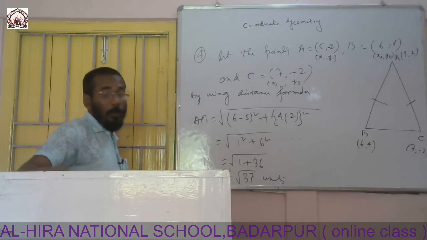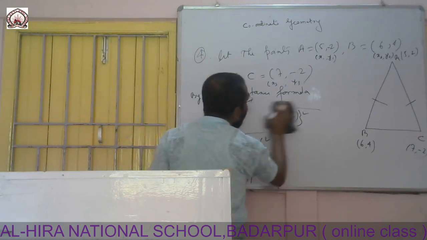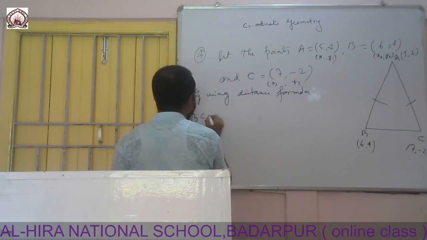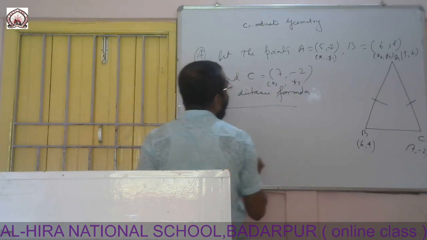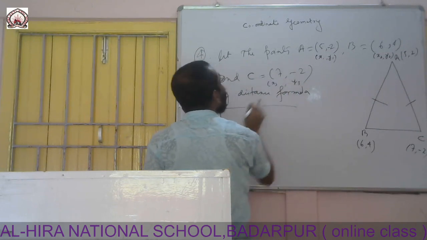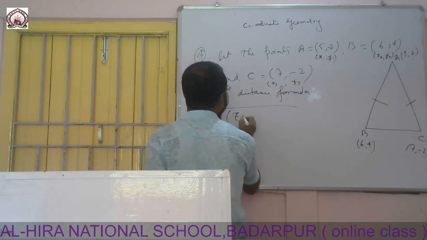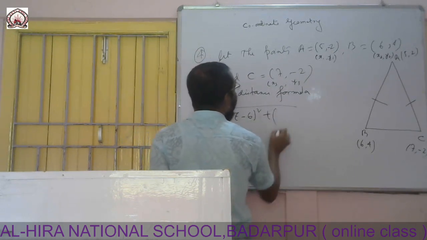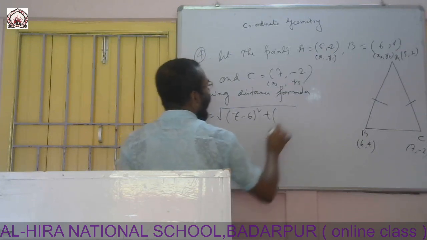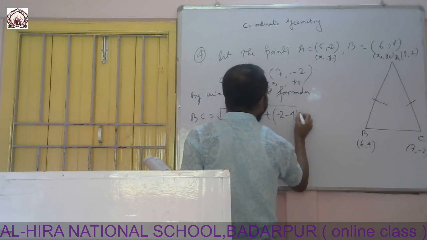BC, by using the distance formula we are finding out BC. AC is square root of 37 and BC is, x3 minus x2 will be 7 minus 6 whole square plus y3 is minus 2 and y2 is 4, so minus 2 minus 4 whole square.